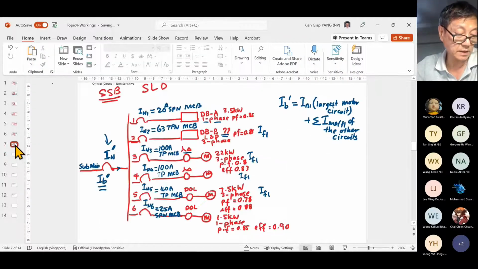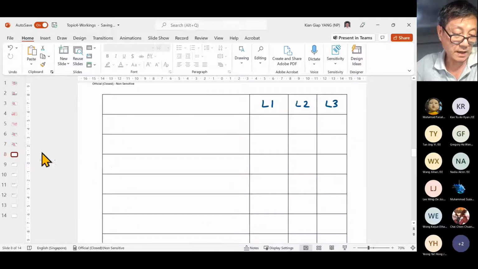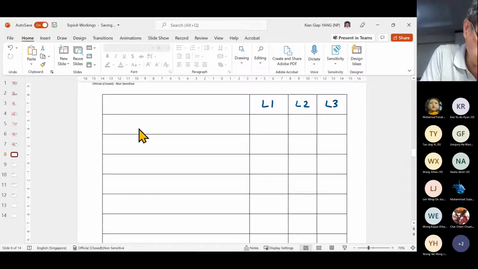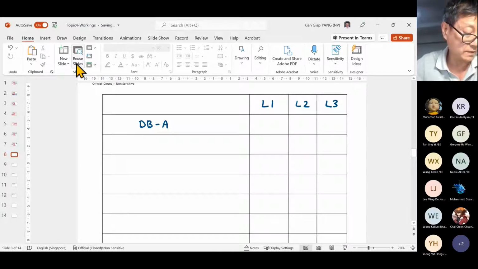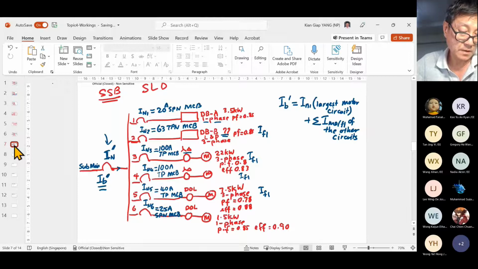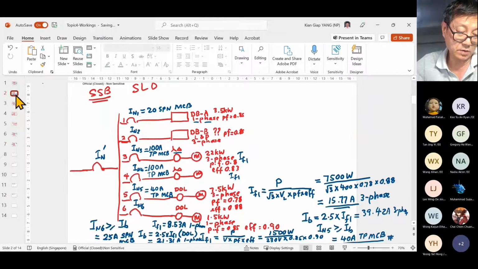So what I do now is circuit number 1. Is it single phase or 3 phase? Single phase, right? So single phase means I can only put the load in one of the phases. So which phase should I put it in? Earlier on, we calculated the current.